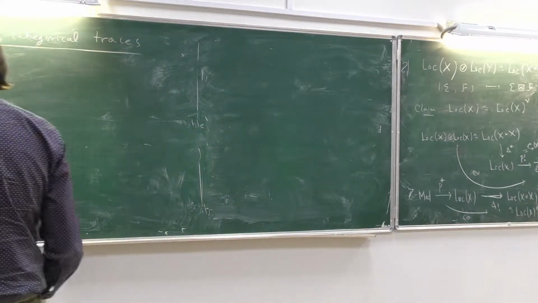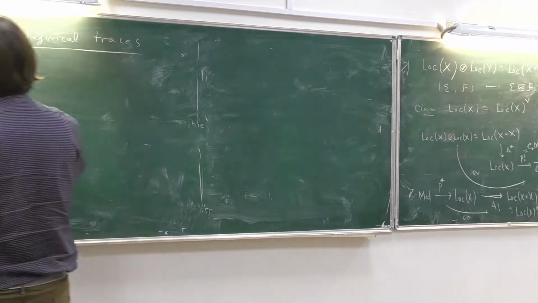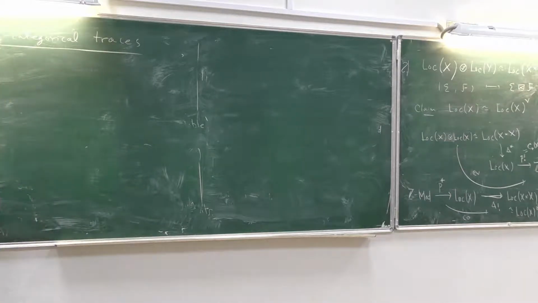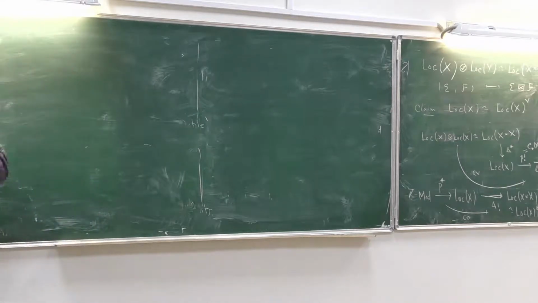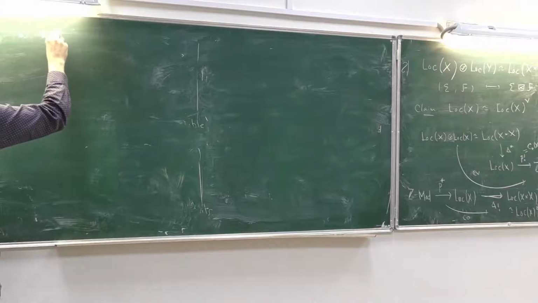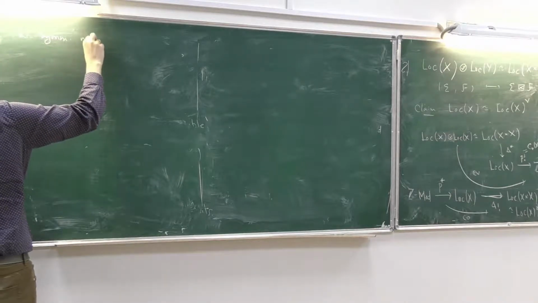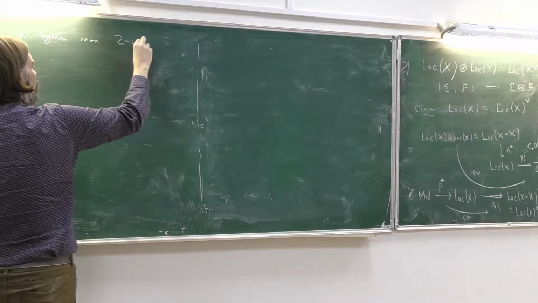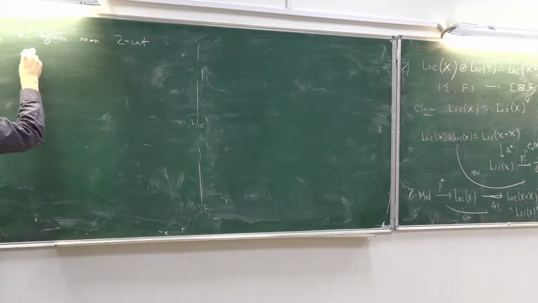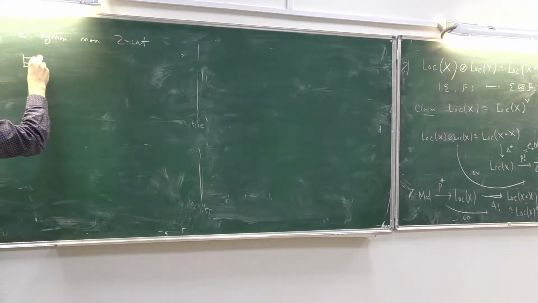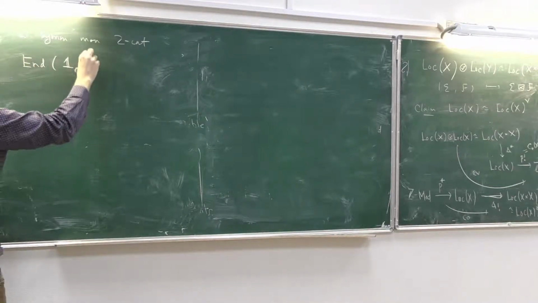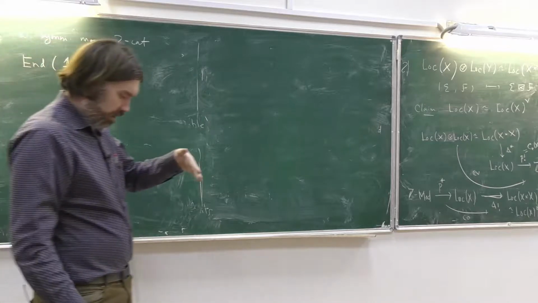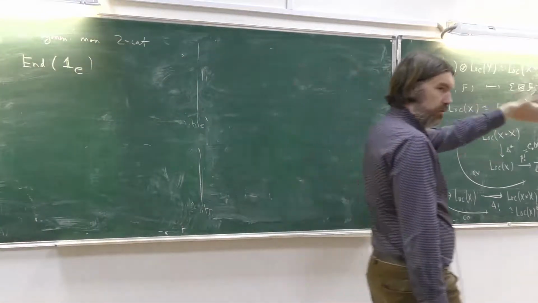Okay, so now note. Let's say in a symmetric monoidal 2-category, when I take endomorphisms of the unit, remember a 2-category has objects, morphisms, and 2-morphisms.